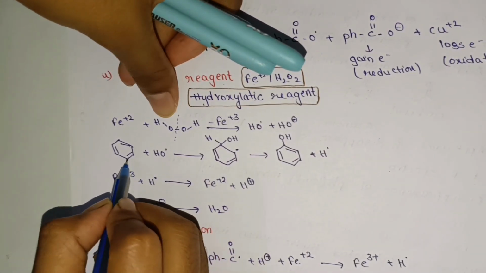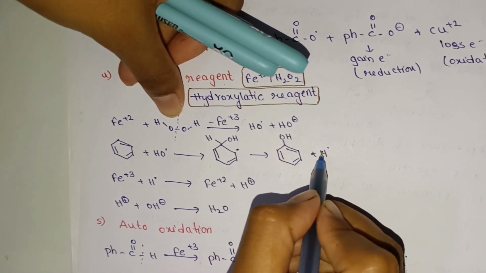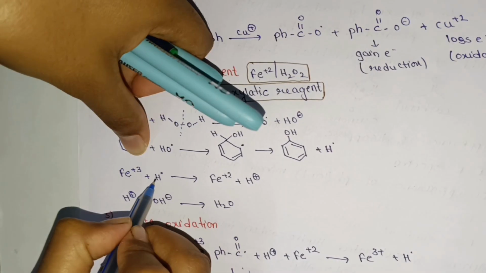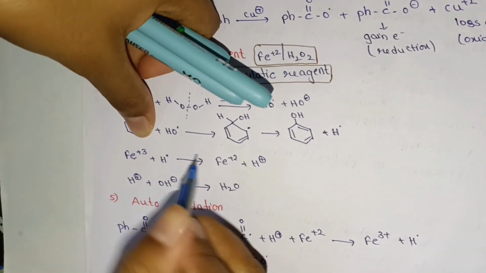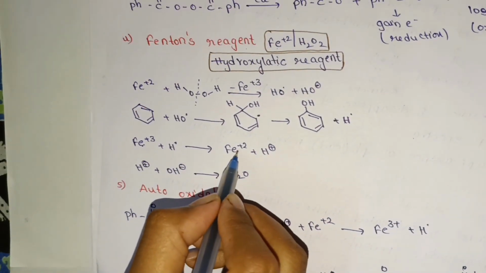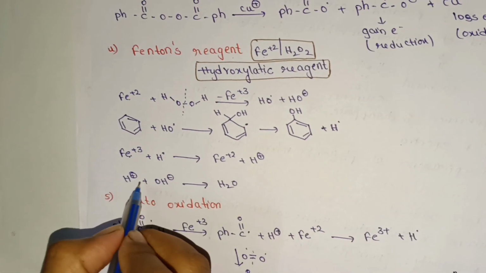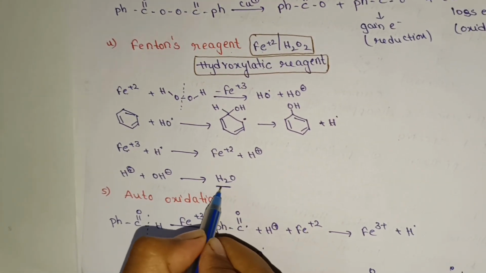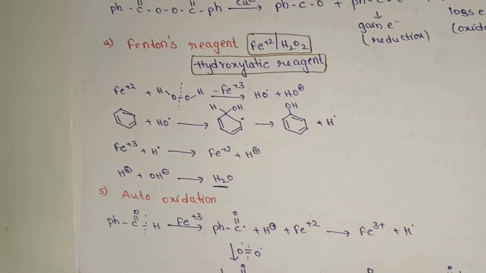This free radical reacts with benzene and finally a hydrogen radical is formed. The hydrogen radical reacts with Fe3+, forming Fe2+ and a cation. This cation reacts with OH minus, finally forming water. This is Fenton's reagent.